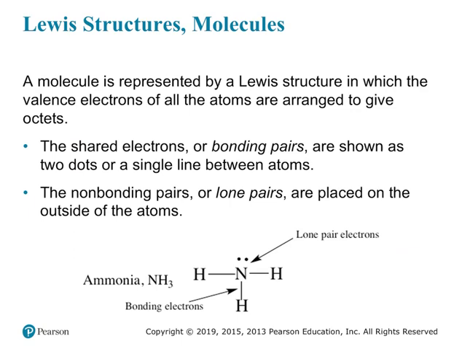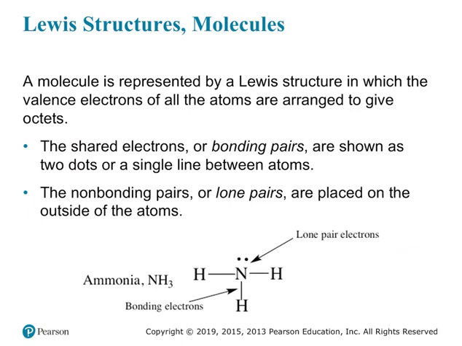So we can represent a molecule using what's called a Lewis structure. And in this Lewis structure, we're showing the valence electrons of all of the atoms in the compound, and we're showing their arrangement in order to give octets, or 8 electrons, except for hydrogen, which only needs 2.